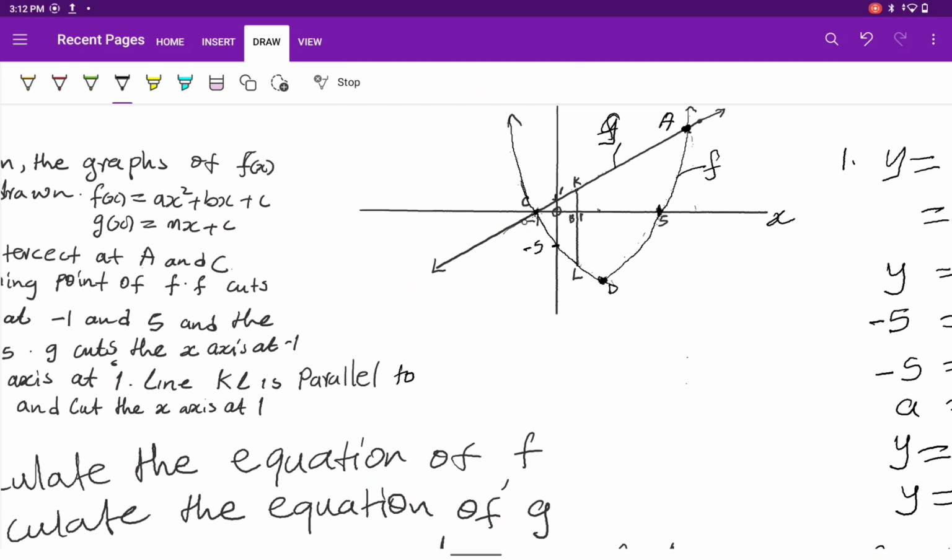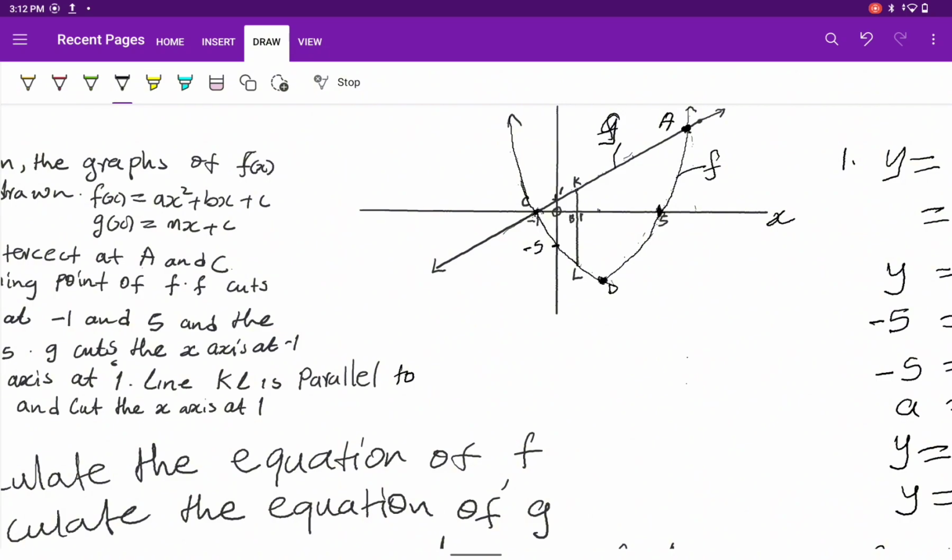So we have two ways of writing this. We can write it in pieces and say x is less than negative 1, and then x is between negative 1 and 5. Or we can simply say x is less than 5, anything less than 5, and then with the exclusion of this negative 1, because from negative infinity to 5, one graph is below, the other one is above. It's just that at negative 1 they're equal.